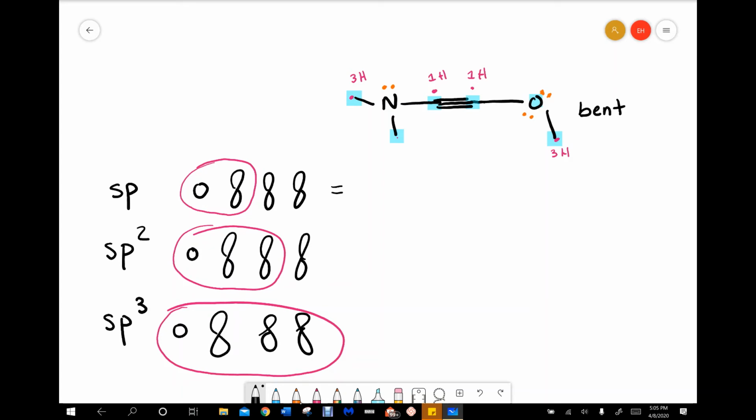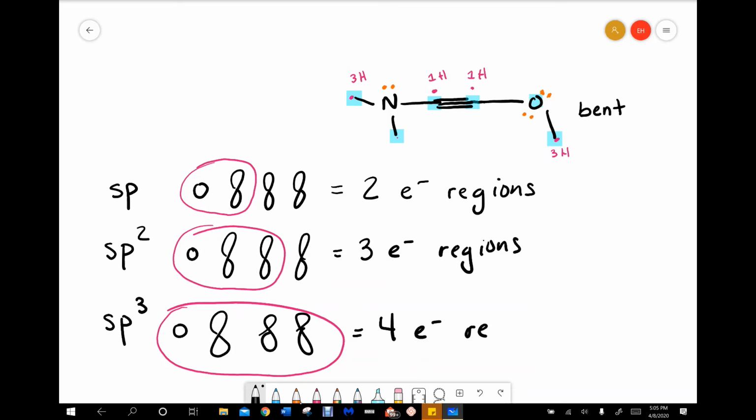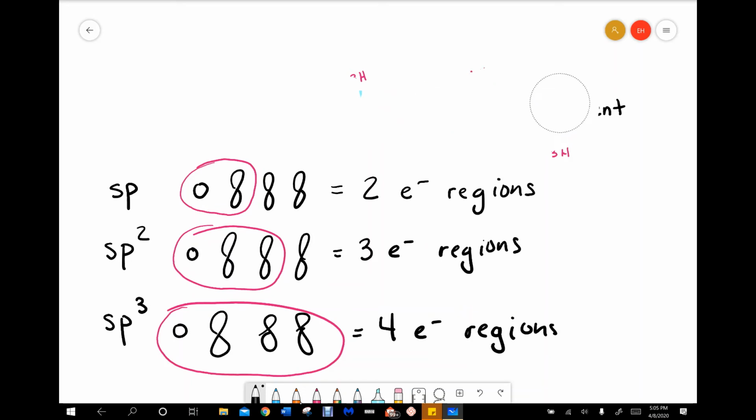Since sp hybridization only mixes 2 orbitals, there should just be 2 electron regions around that atom if it's sp hybridized. sp2 mixes 3 orbitals, so that would correspond with 3 electron regions. sp3 mixes 4 orbitals, so that will correspond with 4 electron regions. So I'm going to redraw our same molecule right quick up here. So we had N on the end.